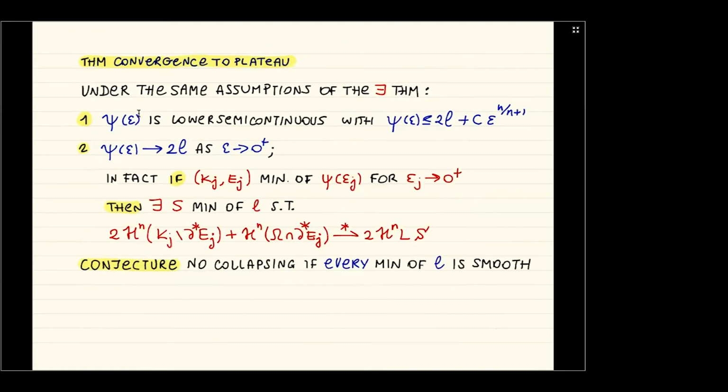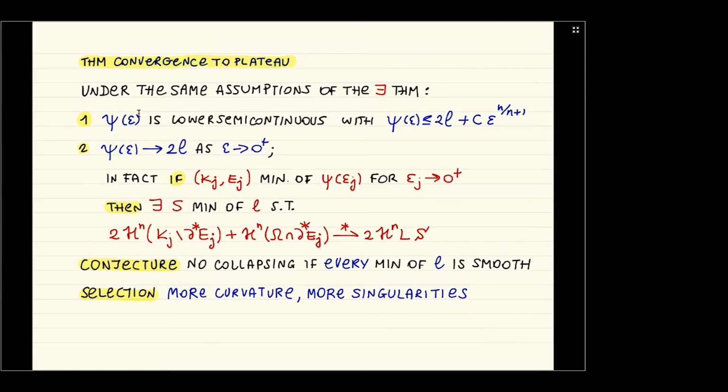So this is the conjecture we are working on: whenever the limiting plateau problem has no singular minimizers, then the collapsing can be excluded in the capillarity approximation.